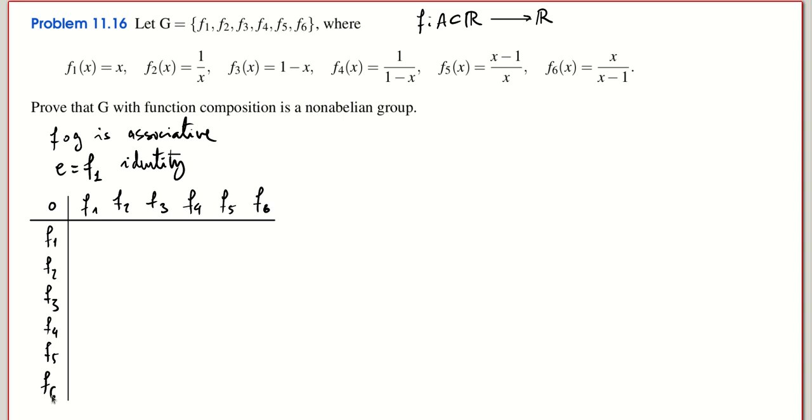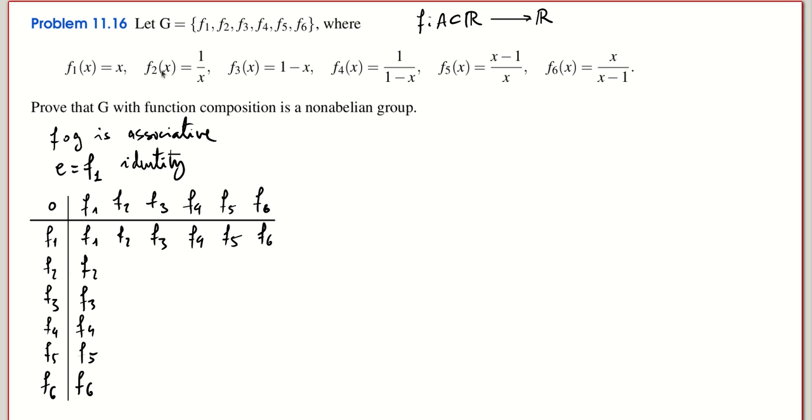And well, the first row and first column are trivial because f1 is the identity, so this is just f1, f2, f3, f4, f5, and f6, and so are these ones, f3, f4, f5, and f6. Okay, so what we have to do is to do the composition of all the others. So we have to focus on these ones, right? So this requires quite some work.